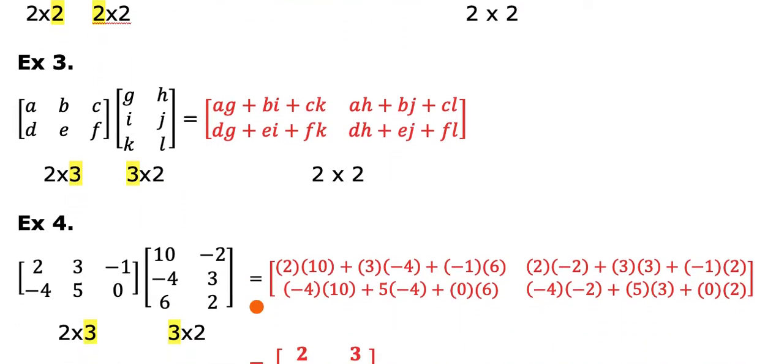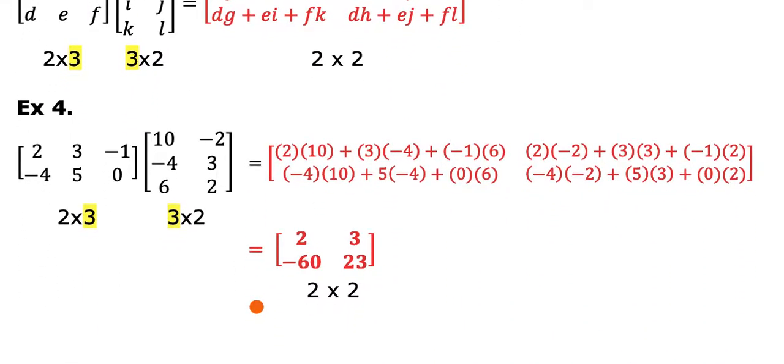So try this example on your own. Use this as a template for multiplication, and we would have, we'll do each example, 2 times 10 plus 3 times -4, -1 times 6. Then we have the first row times the second column, 2 times -2 plus 3 times 3 plus -1 times 2.